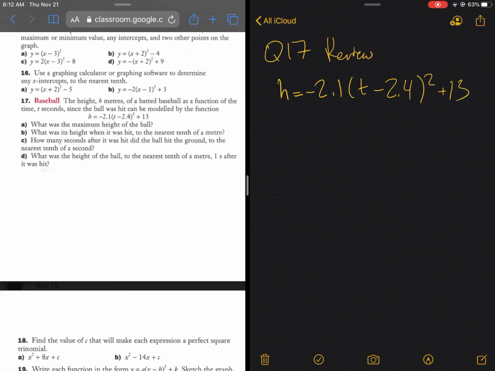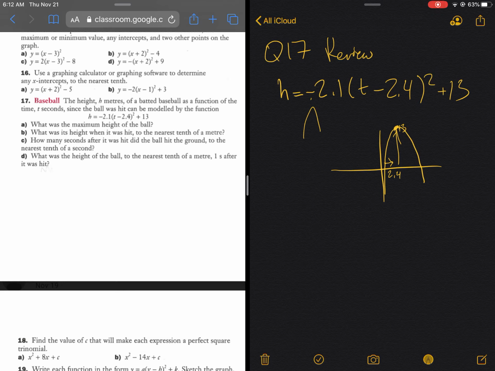Well, if we were to graph this, it'd be upside down because of this minus. We would know that the vertex would be up 13, at 2.4 in the positive direction. So essentially, we'd have some kind of parabola like that.